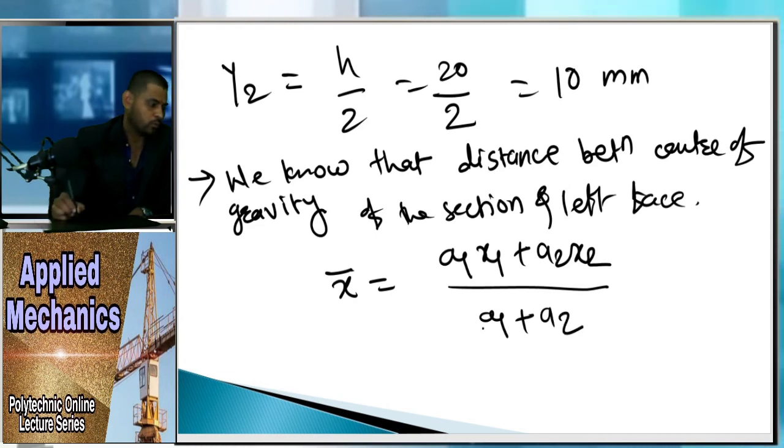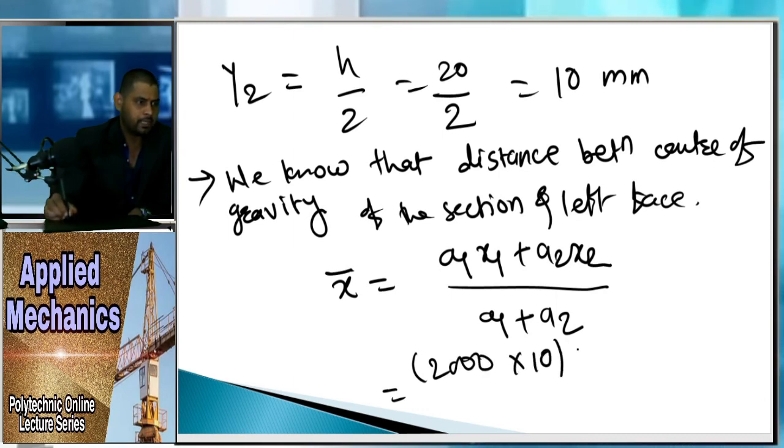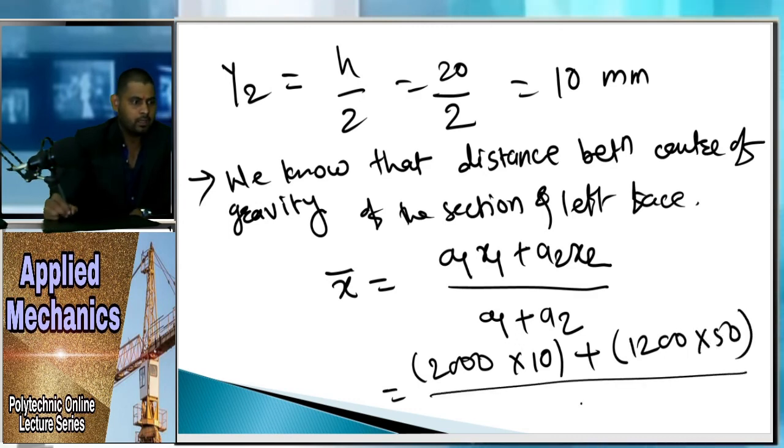So this is the formula. Now put the values of all the terms here. So it is 2000 multiplied by 10 plus 1200 multiplied by 50 divided by 2000 plus 1200.